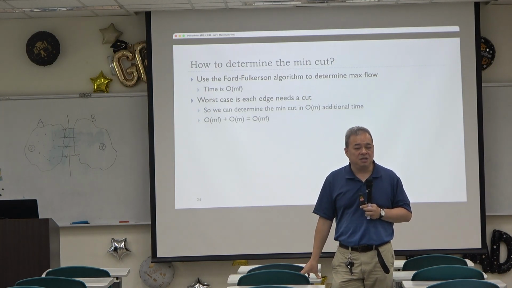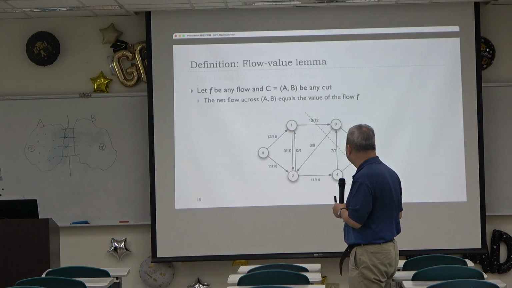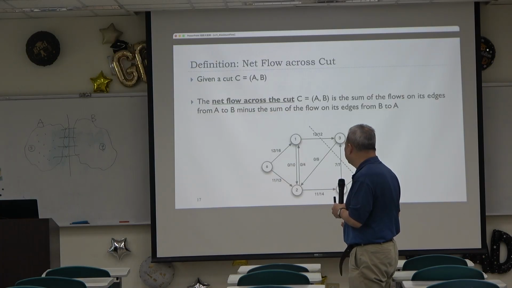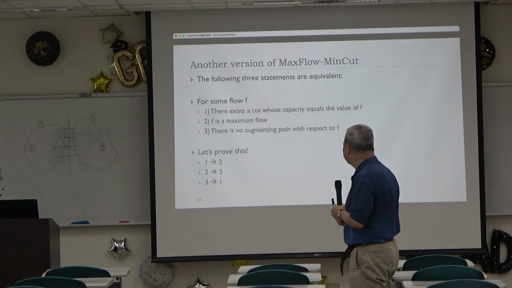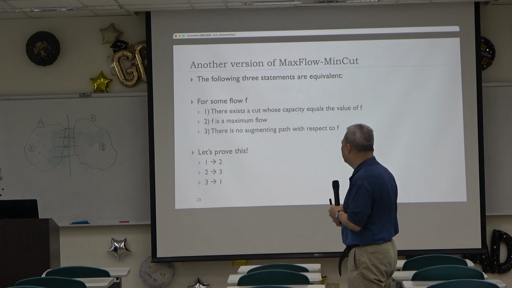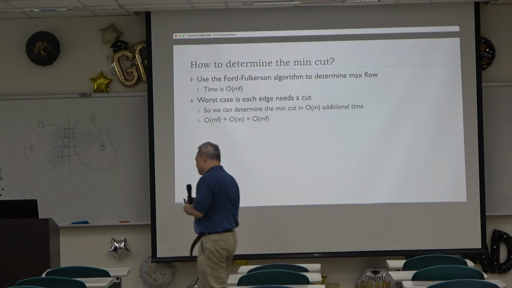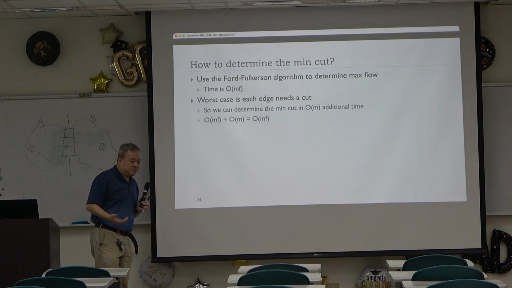It's going to be O(VE squared) plus O(E), so it's still O(VE squared), depending on what algorithm you use in the first step to find the maximum flow.